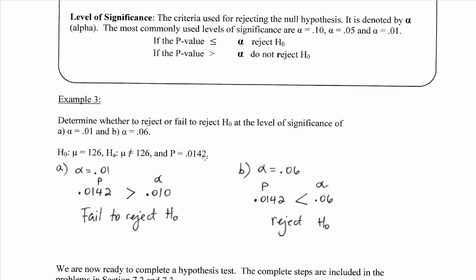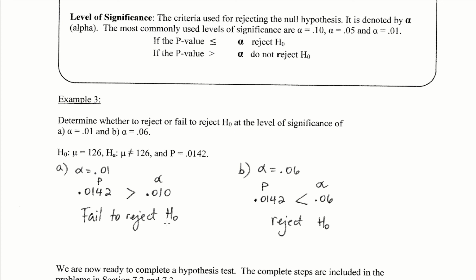P is 0.0142. Alpha for part A is 0.01. If we compare the two, 0.0142 is greater than 0.010. Because P is greater than alpha, the decision would be to fail to reject the null hypothesis.